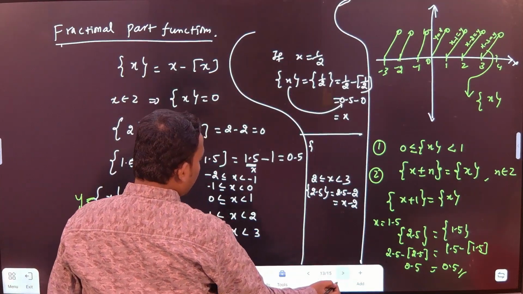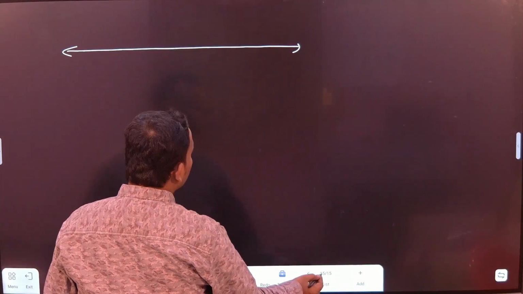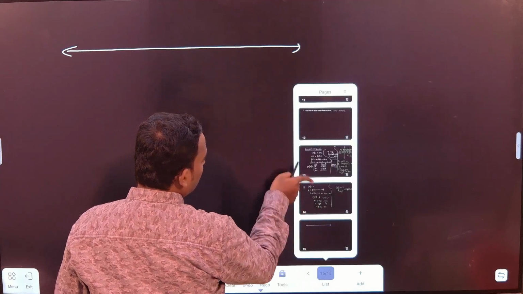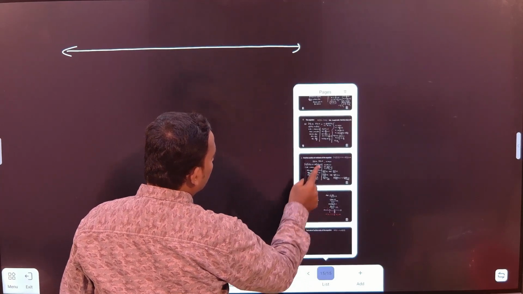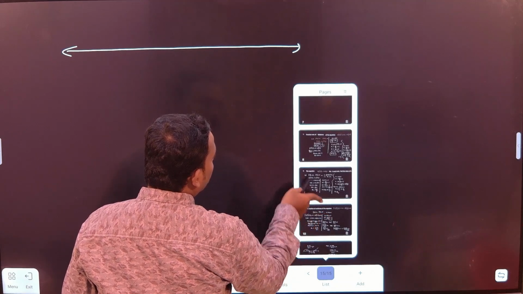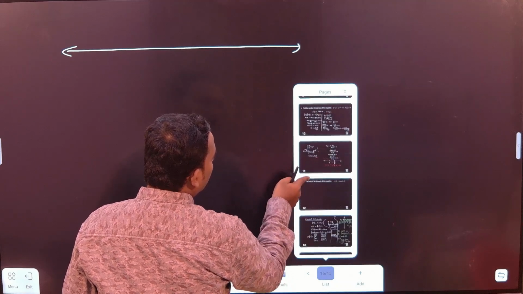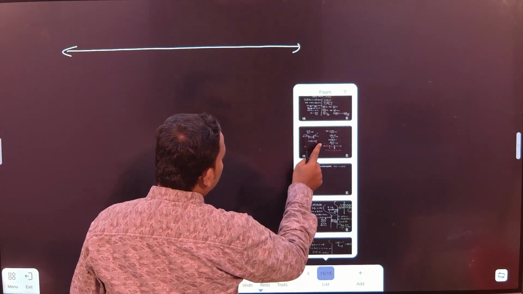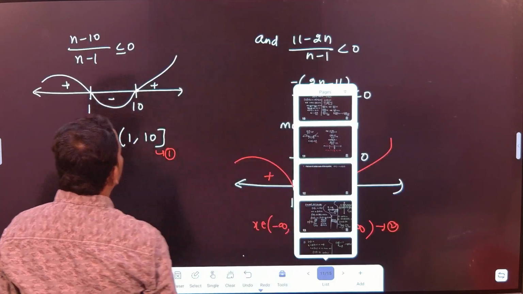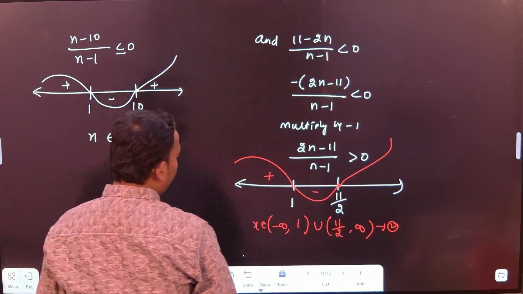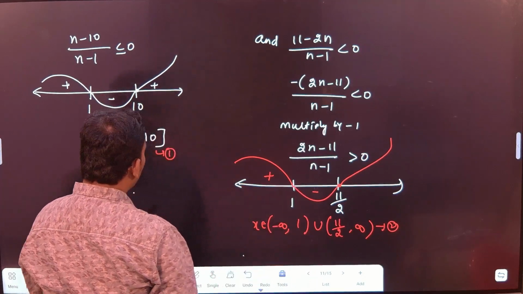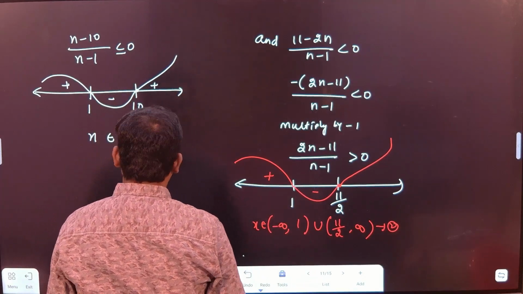So 1 to 10 and minus infinity to 1. 1 to 10 you have to take first.